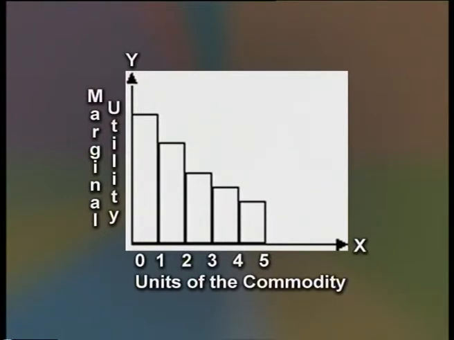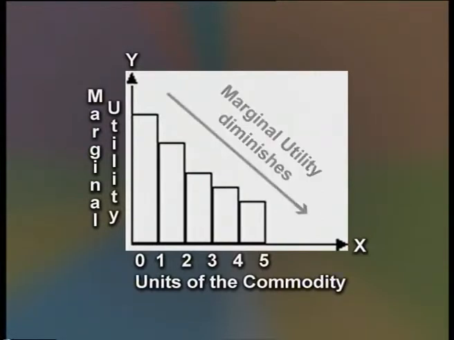The marginal utility curve will be a negative slope curve, because we have been discussing that marginal utility diminishes. And in such a case, when you go on increasing a unit of the commodity, the area under the marginal utility curve will represent the total utility that the consumer is deriving.